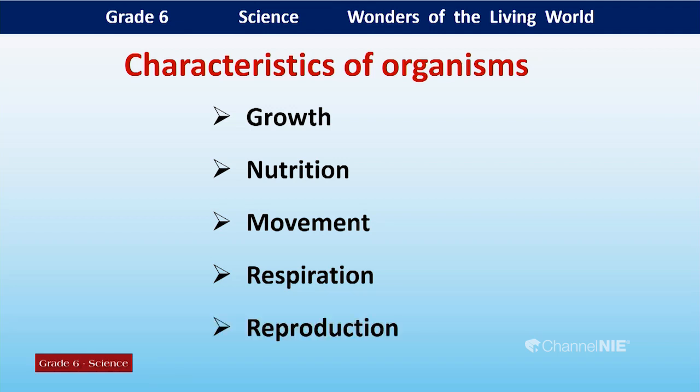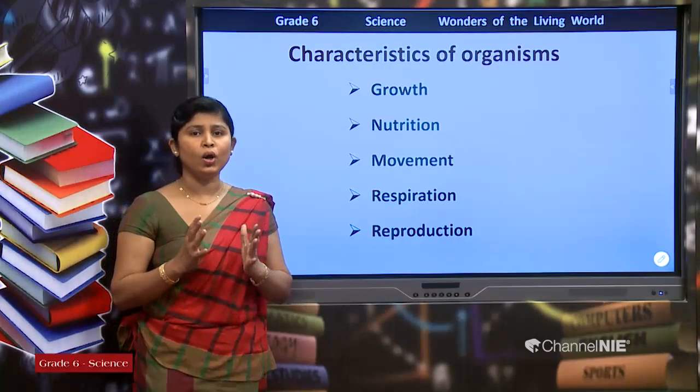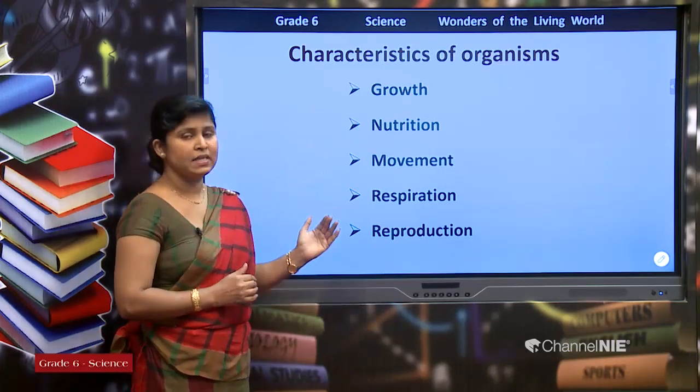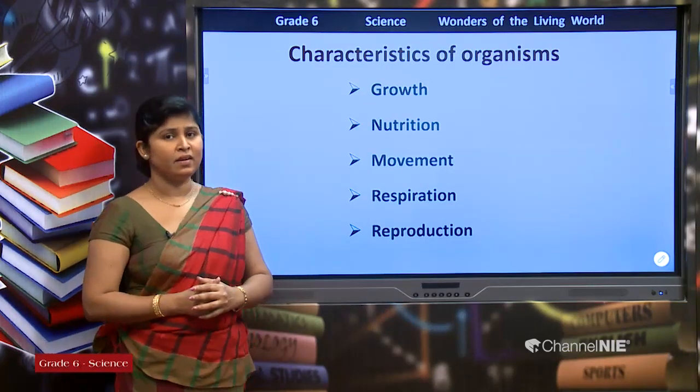Let us read it again. Growth, nutrition, movement, respiration and reproduction. These are the characteristics of organisms. These characteristics are identical only to living things. These characteristics are not shown by non-living things.